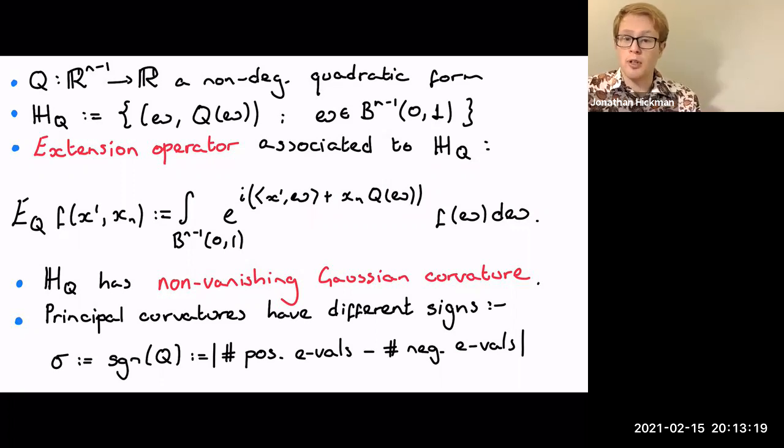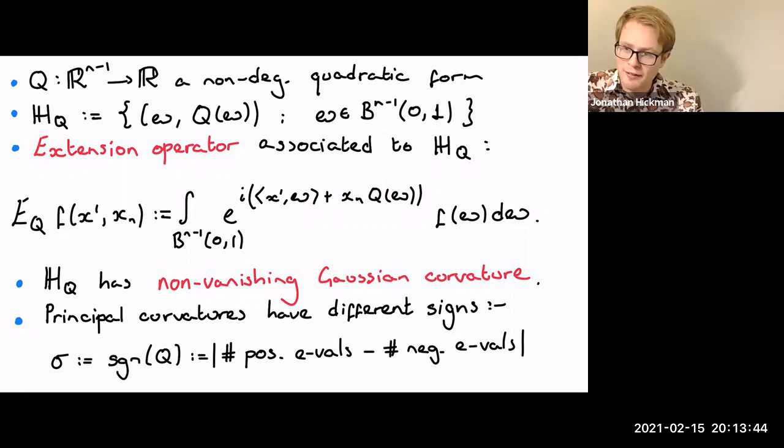In light of this, I'm going to define sigma to be the quantity which I'll refer to as the signature of the quadratic form Q, and that's just the difference between the number of positive and the number of negative eigenvalues of this quadratic form. So geometrically, this is the difference between the number of positive and the number of negative principal curvatures of this hypersurface at every single point.